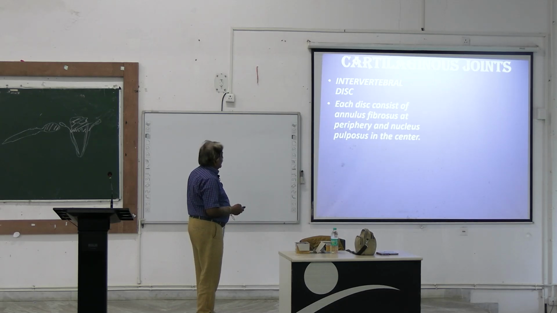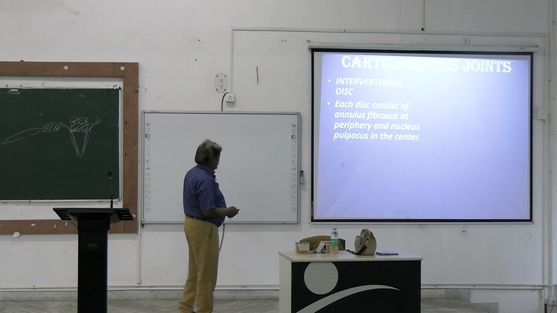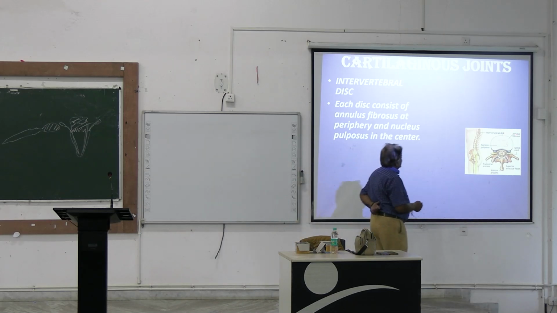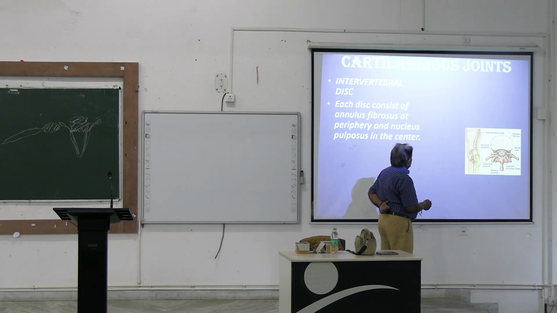Each disc consists of annulus fibrosus at the periphery and nucleus pulposus in the center. Now you see, this is the annulus fibrosus and nucleus pulposus. This is the spinal cord, this is the transverse process, this is the spinous process and the superior articular facet.